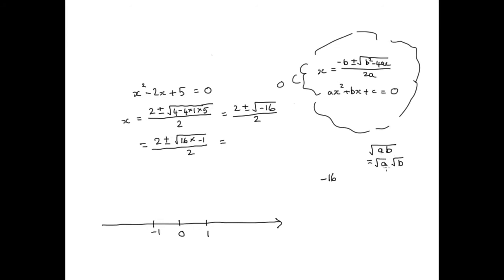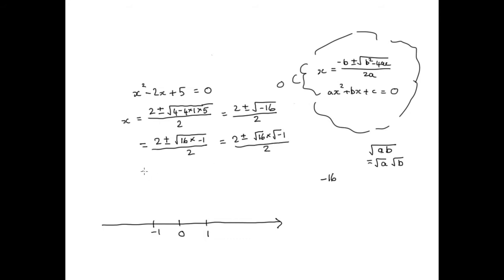Square root of ab is square root of a times square root of b. Now, assuming that we can do this with a strange entity like the square root of minus 1, then this is what we end up with.